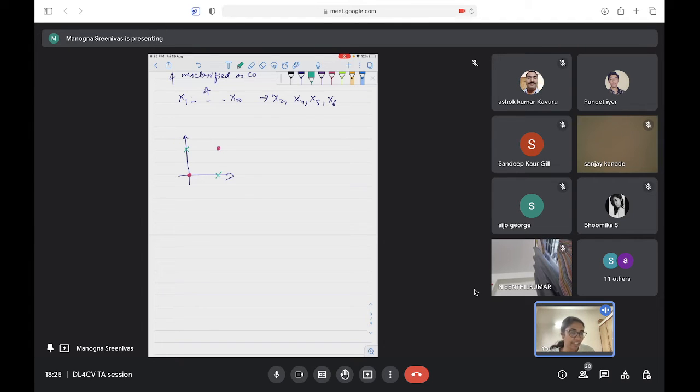So is there a line that can separate these two classes? That's all I have, 2 samples per class. So if I use the perceptron learning algorithm, will it work? No, right? There is no line. Whichever direction I pick, I can never classify both of them, right? However you pick.